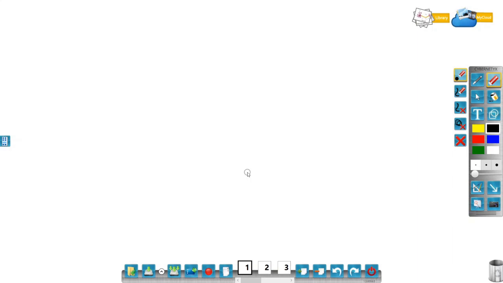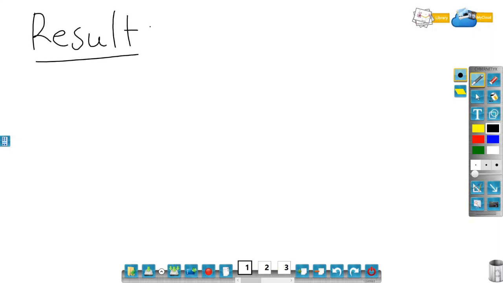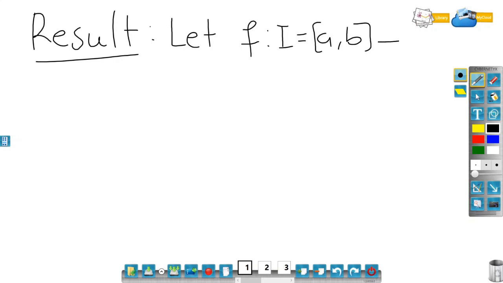Now we will prove a result, that refining a partition decreases the upper sum. So let me write down that result. Let f from I, which is equal to the closed interval [a, b], to R, be a bounded function.